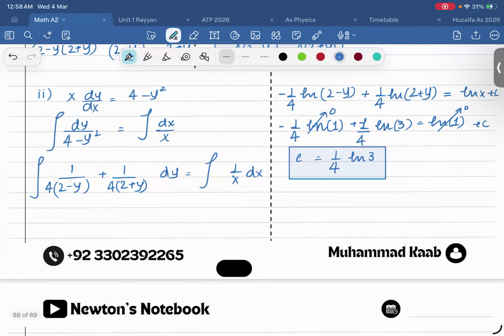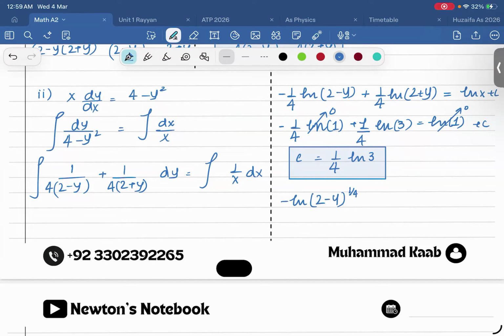So now you can say, I'm taking 1 over 4 into the power. So that is negative ln of (2 minus y) to the power 1 over 4.